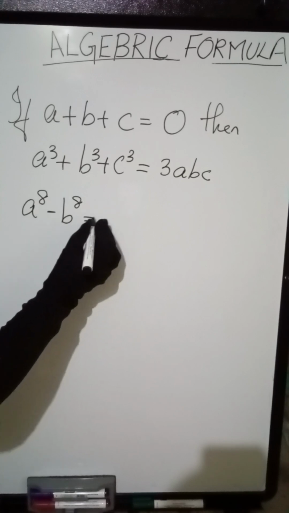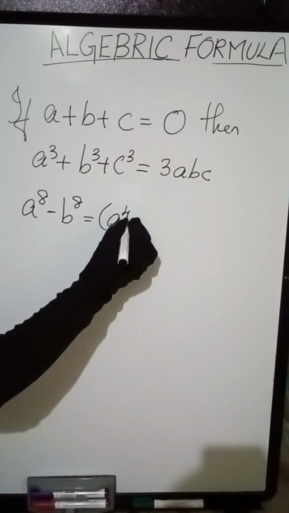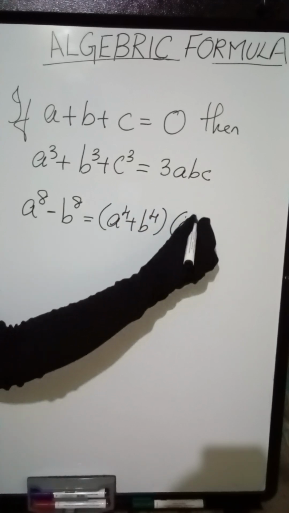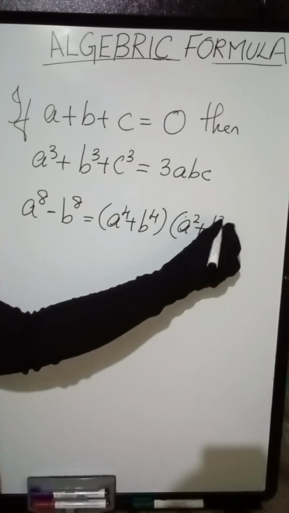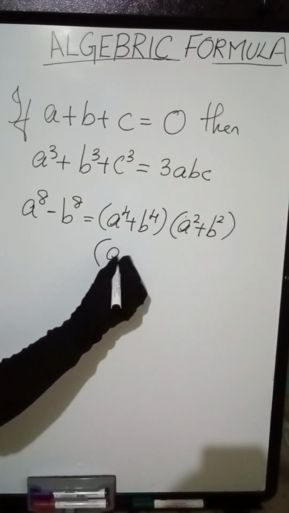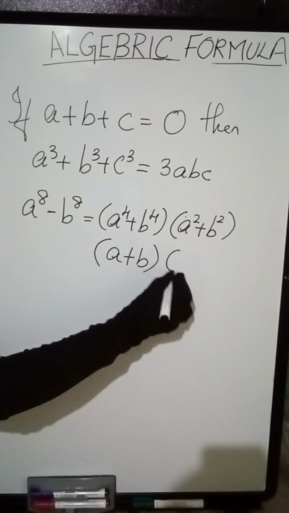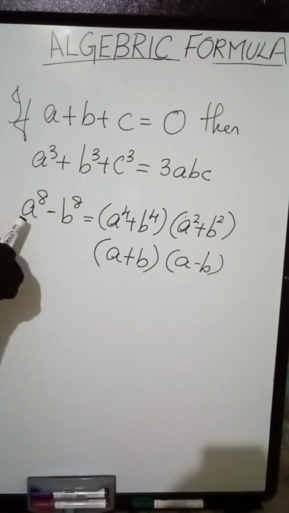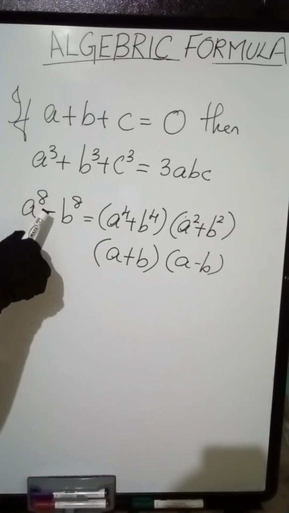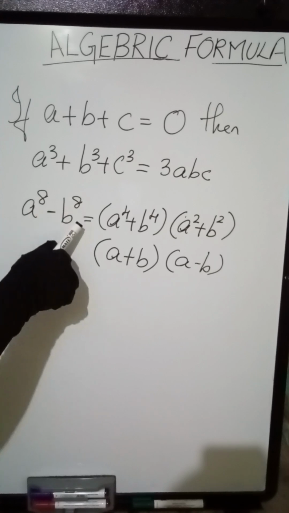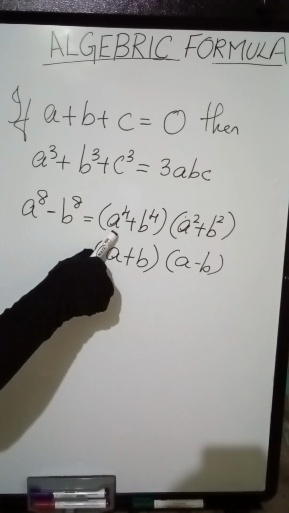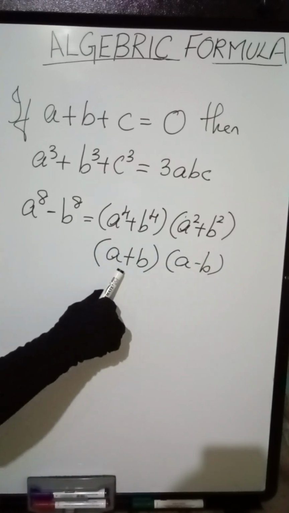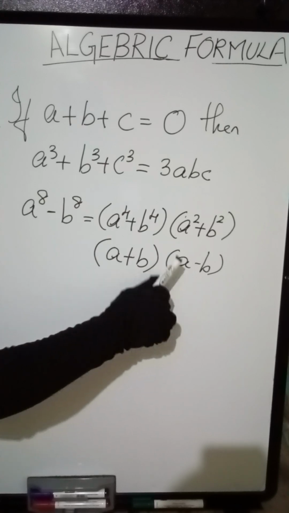This will be equal to a to the power of 4 plus b to the power of 4 into a square plus b square into a plus b into a minus b. So a to the power of 8 minus b to the power of 8 will always be equal to a to the power of 4 plus b to the power of 4 into a square plus b square into a plus b into a minus b.